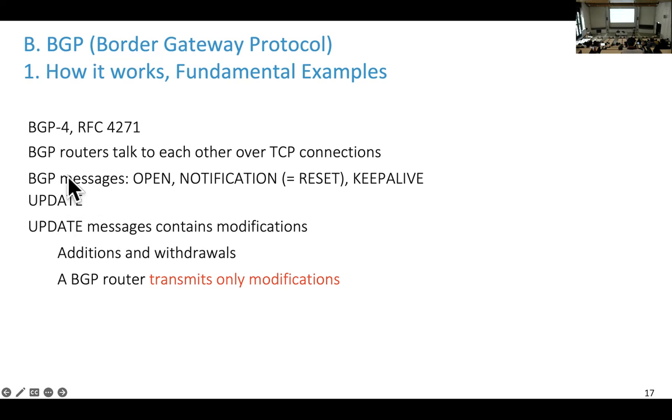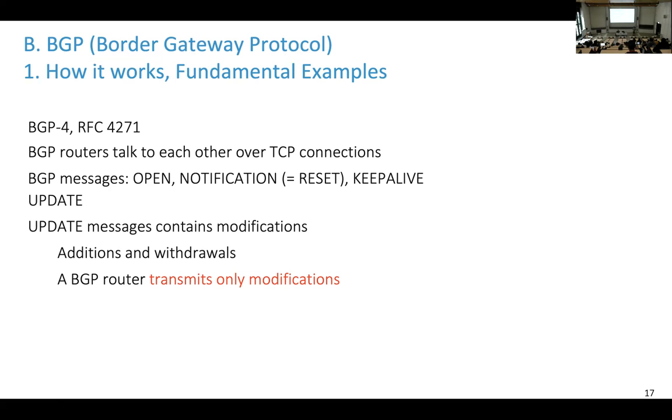So we have different kinds of BGP messages. We have opening, the synchronization phase. When two BGP peers become alive, they do some synchronization. We have a keep alive mechanism. Each BGP router periodically sends a keep alive message to its peers to let them know that it is available.